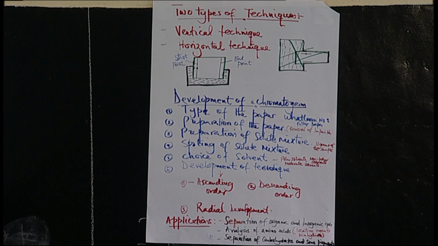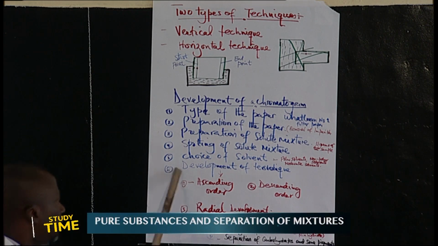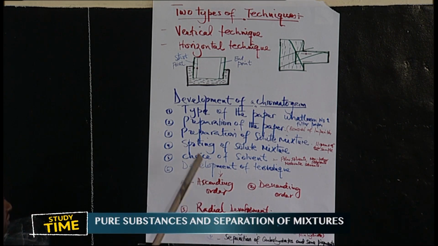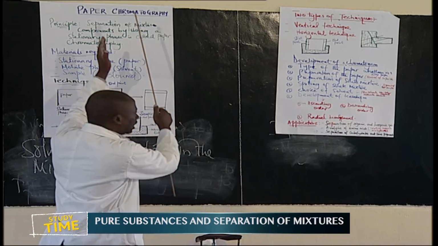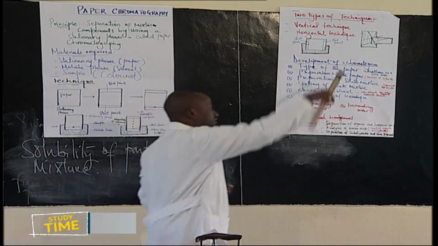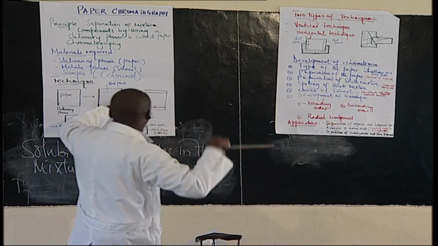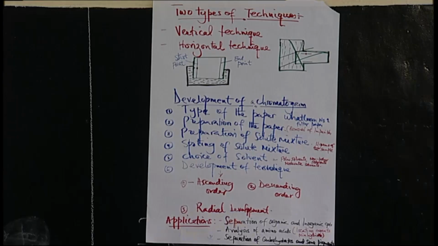Those are the non-polar solvents. Like even we can use also ethanol, we can use tetrachloromethane, we can use acetone, and many others. Development of the technique, we have the ascending order. The ascending order is this one. Then we have the descending order where the mixtures will be moving downwards.